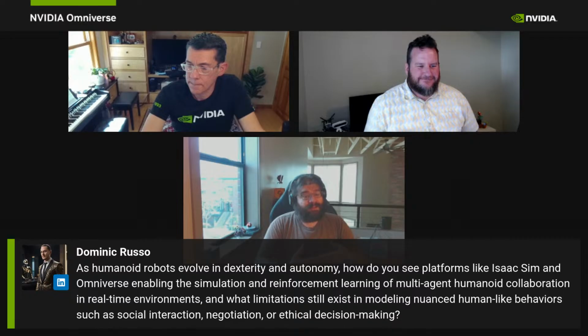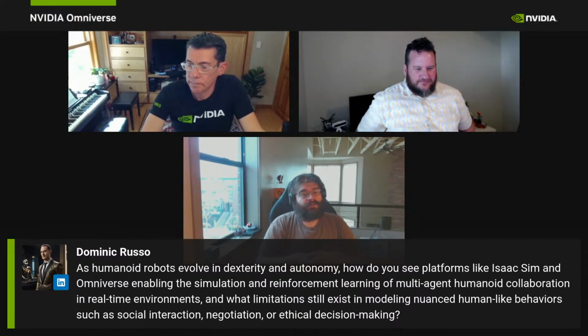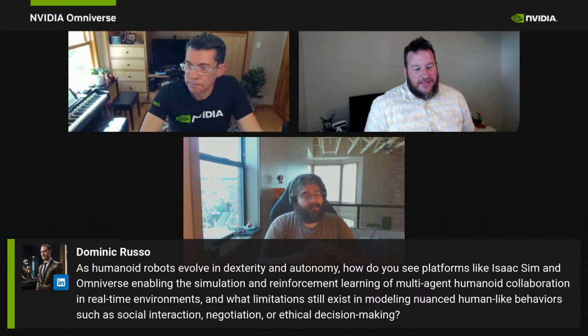Having a human-facing robot has a totally different set of constraints and things you have to be concerned about than having an industrial manufacturing arm doing a specific set of tasks. It's a very different problem. So the digital humans pipeline, I think, is going to be important for building those kinds of skills.